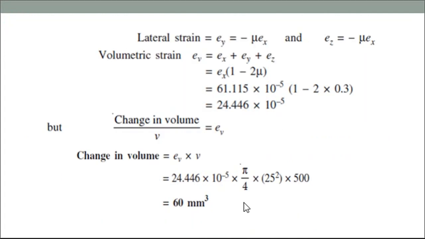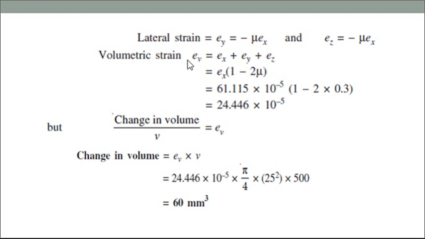After that, the lateral strain in y direction. It is opposite in nature, so there is a tensile strain in x direction, and in y and z direction there is a compressive strain because of the contraction in the opposite direction. So Ey is equal to minus mu into Ex, and Ez is equal to minus mu into Ex.